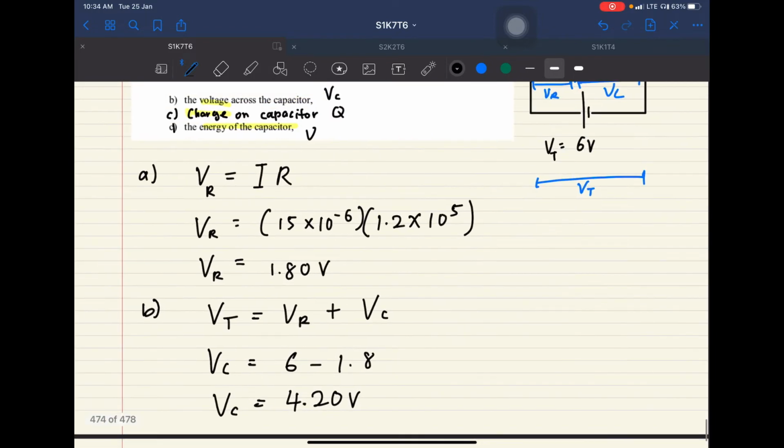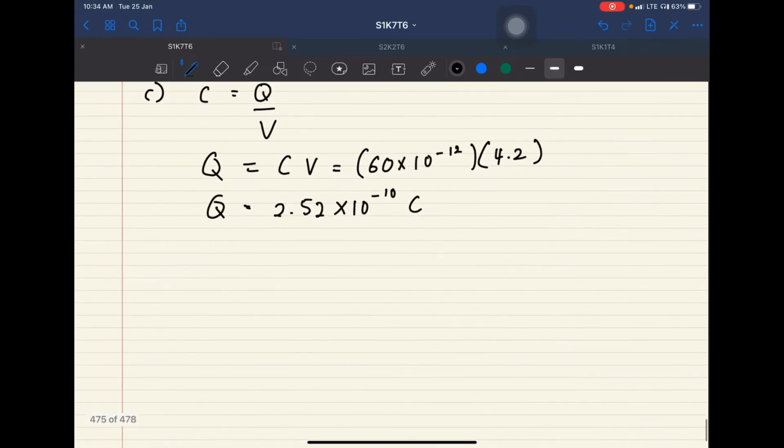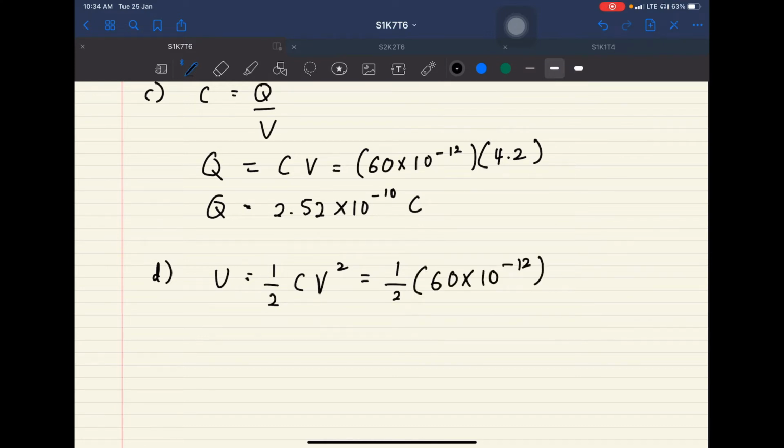And then the last question D, they ask you to find the energy of the capacitor. So you can use U equals half CV squared, or you can use half QV, or the other formula. It doesn't matter, because you pretty much have all the information. So if you are using this formula, it will be 60 times 10 to the negative 12 multiplied with 4.2.